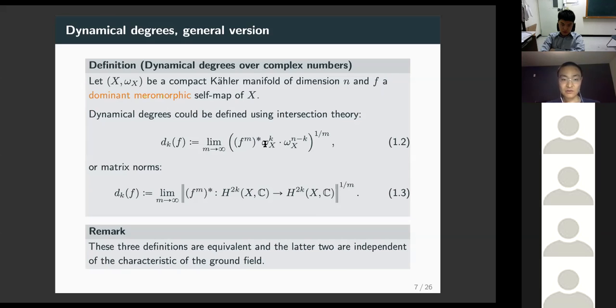Then we choose an arbitrary polarization, an ample divisor, so replace omega_X by H_X and consider similar intersection numbers. And we can also replace the cohomology group by the étale cohomology group, give this vector space a norm, and consider the induced norm. So these two definitions are characteristic free.